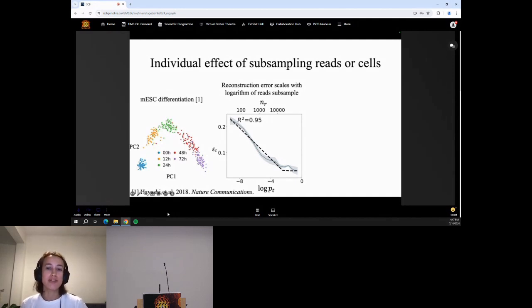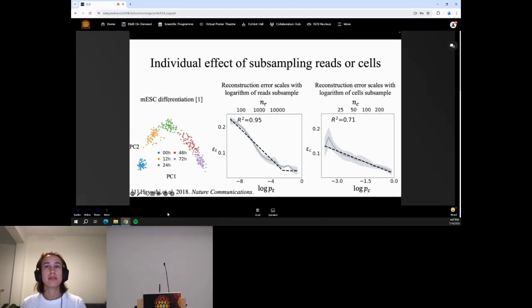We consider the range of large PT to be a regime of saturated sequencing and model its read reconstruction error as constant. So you can see the fit of the read reconstruction error plotted in the dashed black line. Similarly, we vary the fraction of sampled cells, PC, and compute the cell reconstruction error, epsilon c.